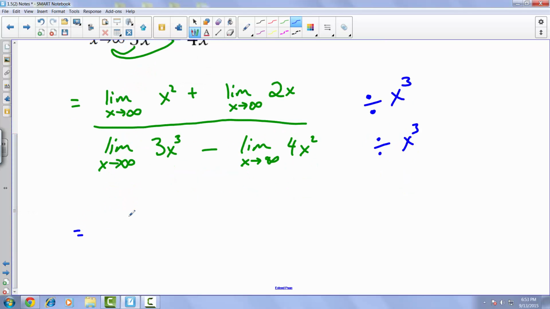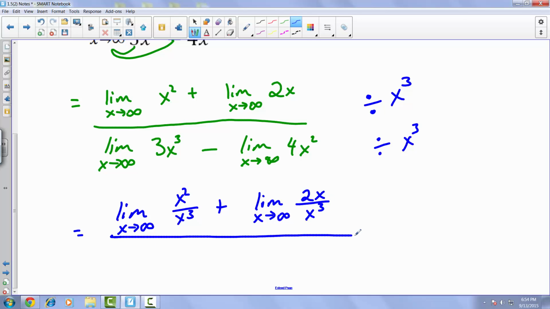So once we do that, we end up with the limit as x goes to infinity of this x squared over x cubed plus the limit as x goes to infinity of 2x divided by x cubed.